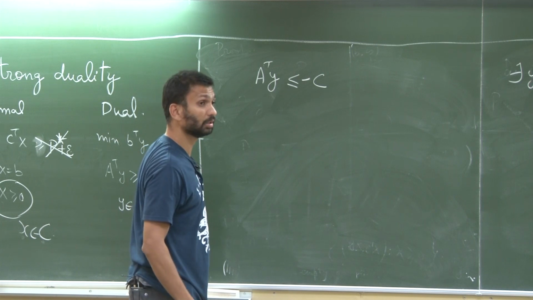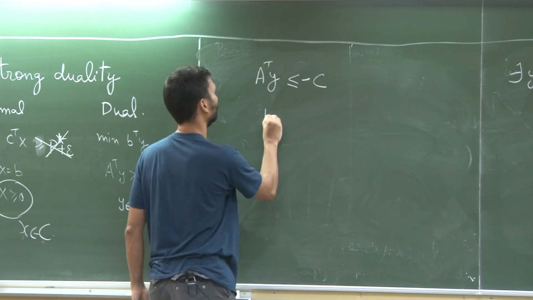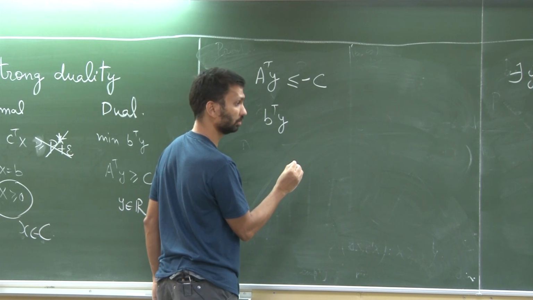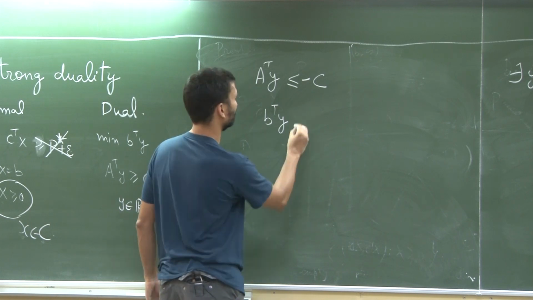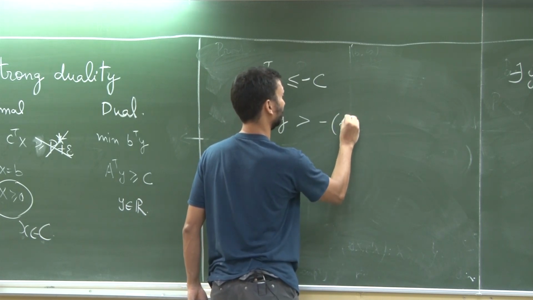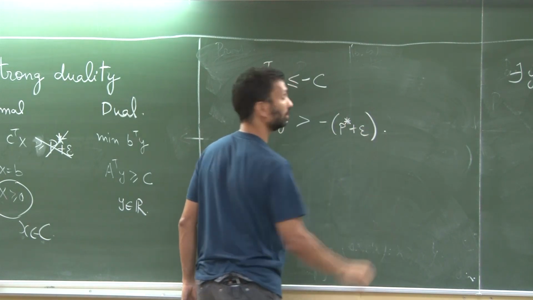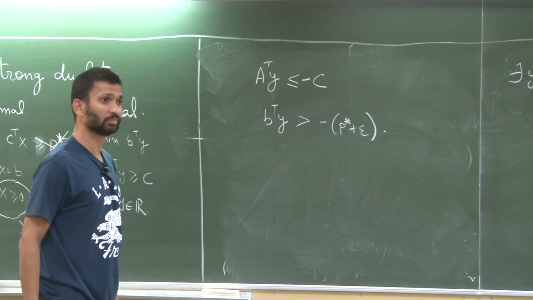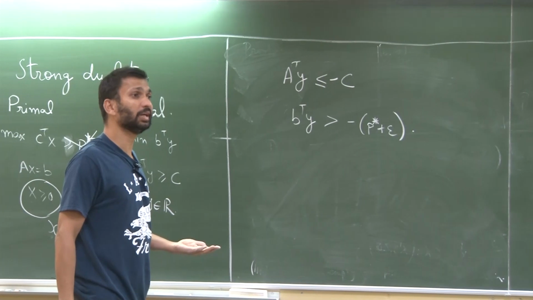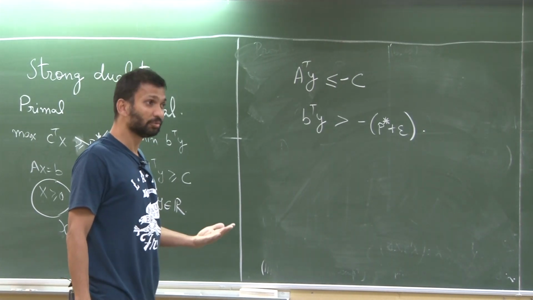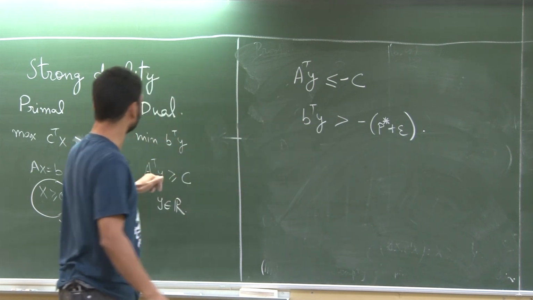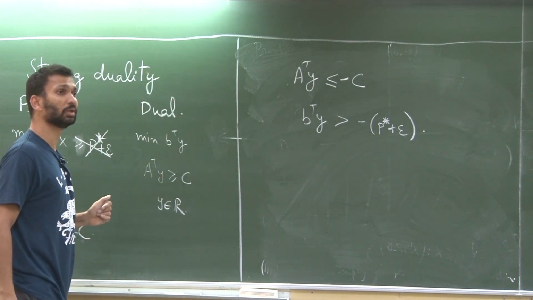And u is 1. Okay. What do I want to do? I want to create a feasible solution of the dual. Looking at this equation, how do I create a feasible solution?